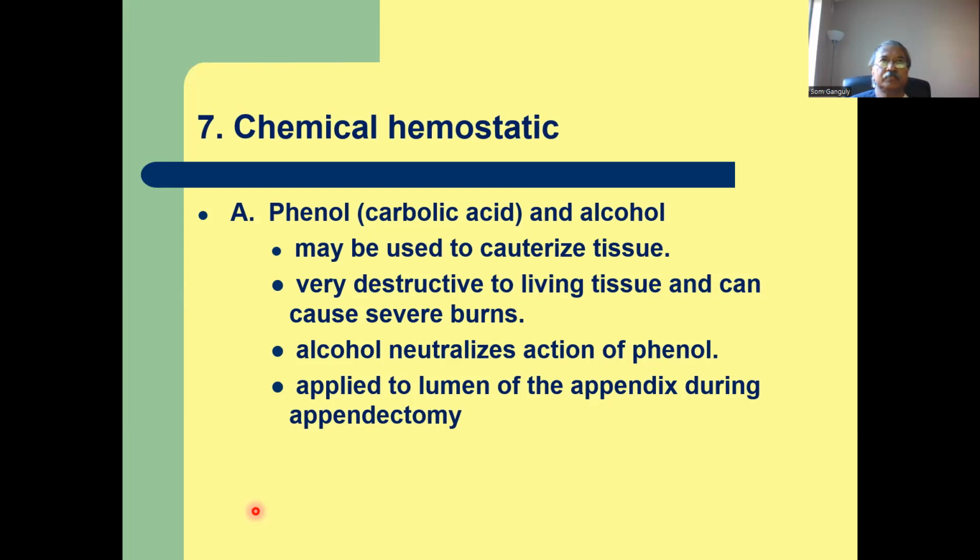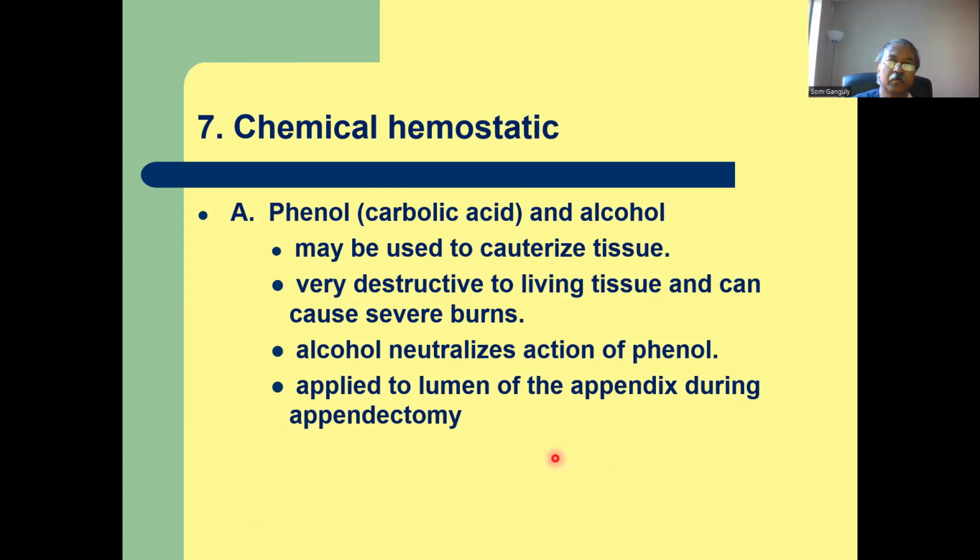We used to use a chemical hemostatic agent, phenol, way back during the World War. Back then, we didn't have enough good hemostatic agents. They used to use phenol, that carbolic acid, and alcohol mix to neutralize the bleeding.